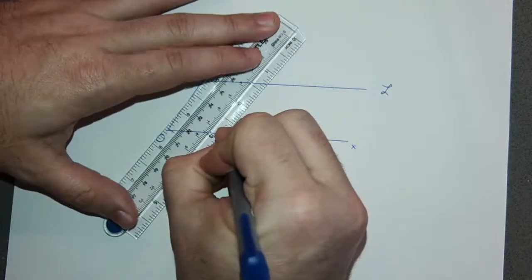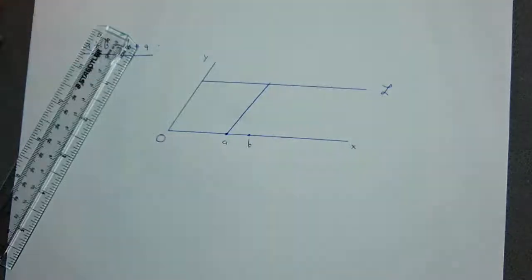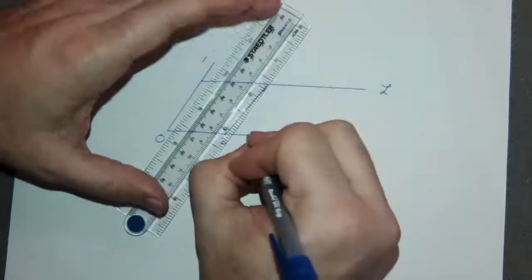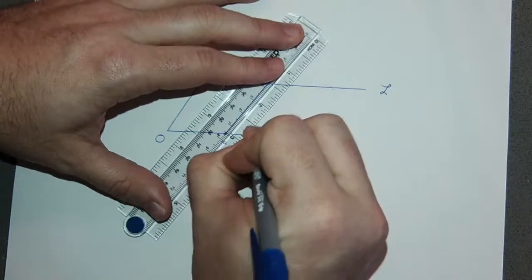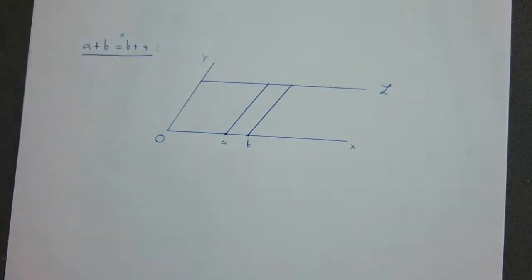First of all, I need parallel lines to the y-axis. Ooh, that doesn't look too good. Well, it's okay. We'll try to salvage it. Those don't look quite parallel, but that's okay. We'll have to use our imaginations just a tiny bit here.